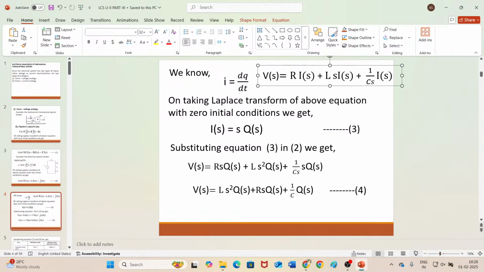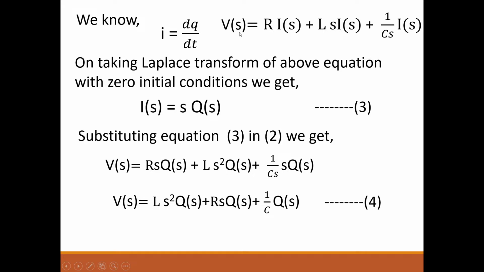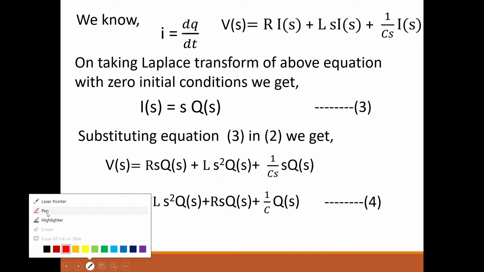So this is our equation. What was the equation in the previous slide? V of s is equal to R I of s plus L S I of s plus 1 by C S I of s. Now we have to substitute equation 3 in this equation 2. This was our equation 2. In this, instead of I of s you must write S Q of s. So write V of s as it is.